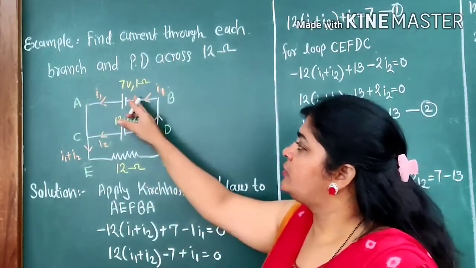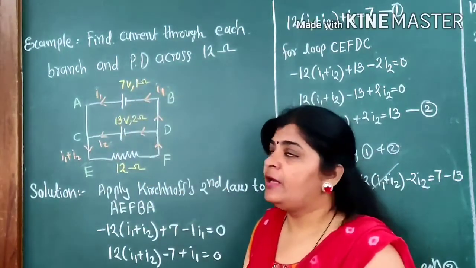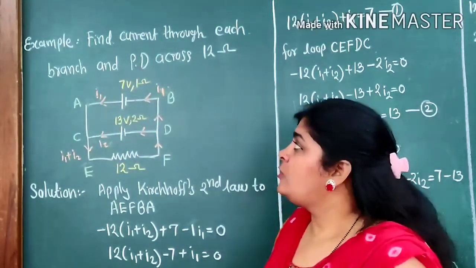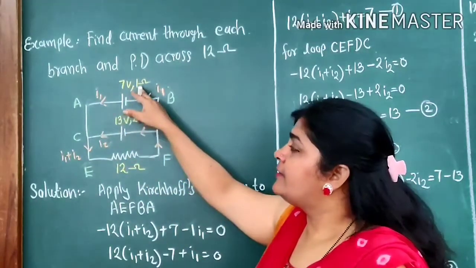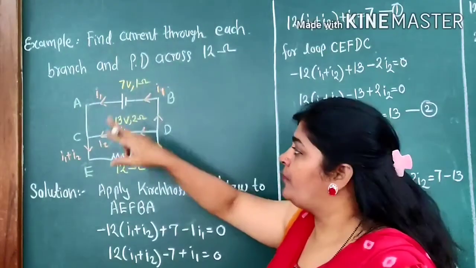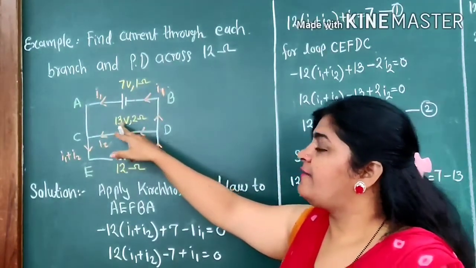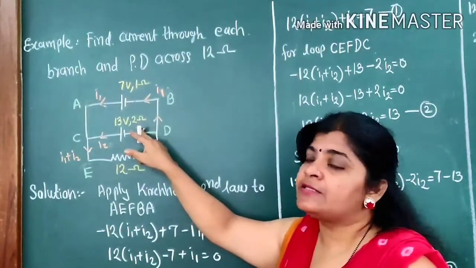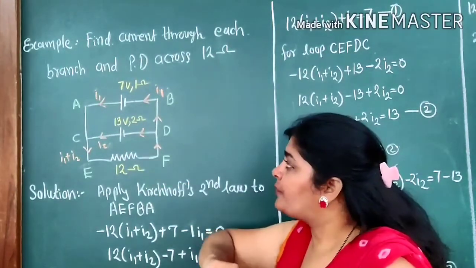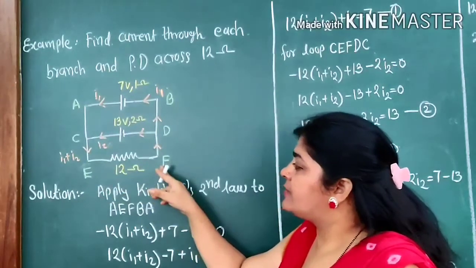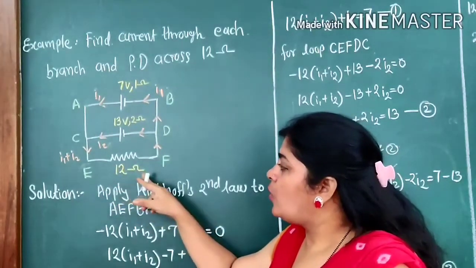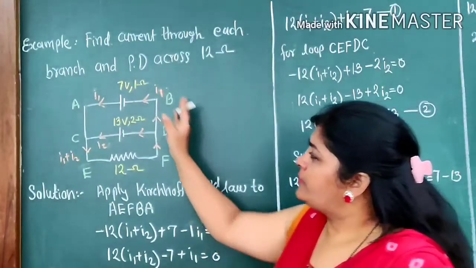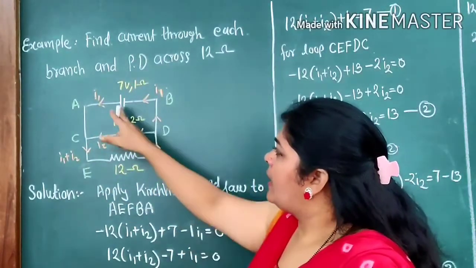Now see the diagram. In the diagram there are two EMFs connected, E1 and E2. E1 has a value of 7 volt and an internal resistance of 1 ohm. The second EMF has a value of 13 volt and an internal resistance of 2 ohm. One resistance of 12 ohm is connected in the branch EF.